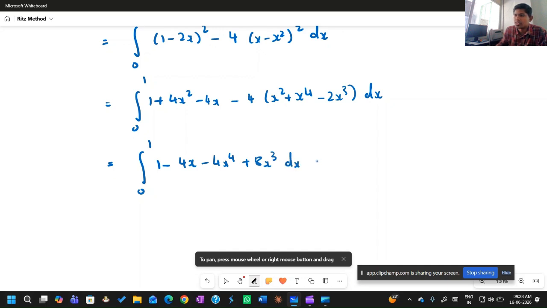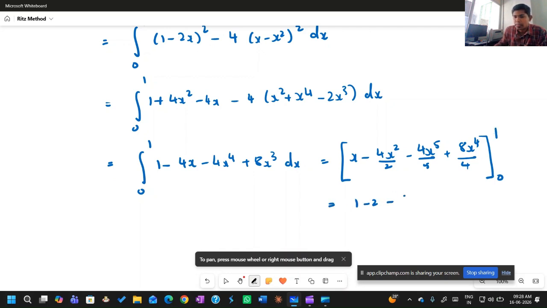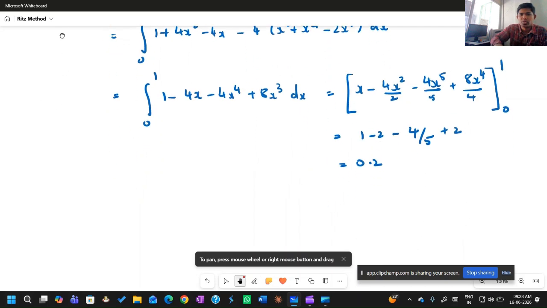So if we substitute the limits, it should be x minus 4x square by 2 minus 4x power 5 by 5 plus 8x power 4 by 4 from 0 to 1, and I should be getting 1 minus 2 minus 4 by 5 plus 2 equal to 0.2.